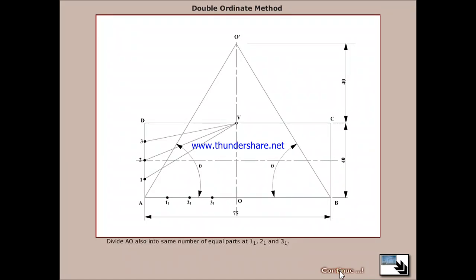Divide AD into any number of equal parts, say 4, at 1, 2 and 3, and join V1, V2, V3. Divide AO also into the same number of equal parts at 1', 2', 3'. Draw perpendiculars to AB at 1', 2', 3' so that they intersect V1, V2, V3 at P1, P2, P3. Draw a smooth curve through A, P1, P2, P3.